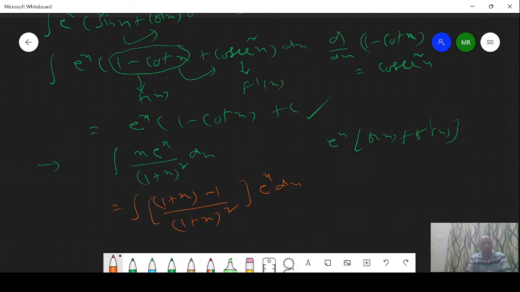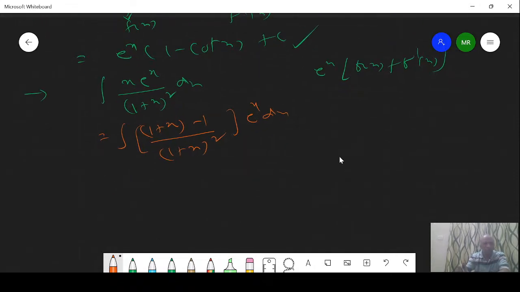I have written it like this, because I add 1 and subtract 1. I want it in this form, f of x plus f dash of x. So I can write 1 plus x by 1 plus x whole square minus 1 by 1 plus x whole square into e power x dx.